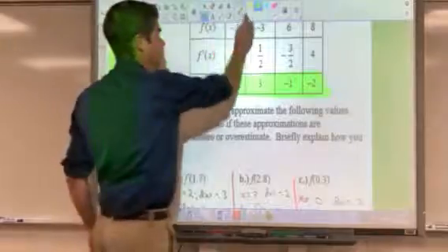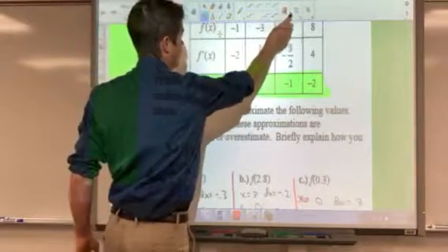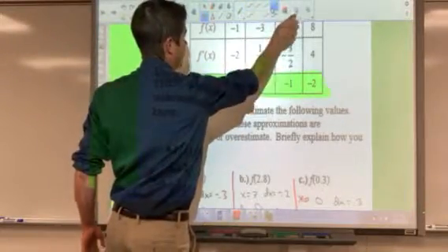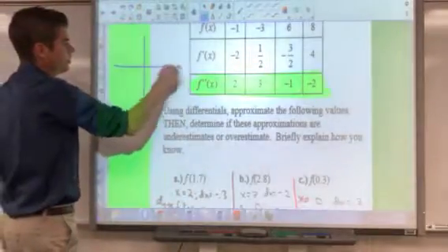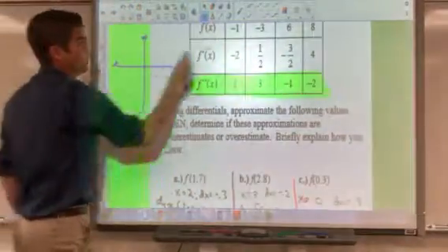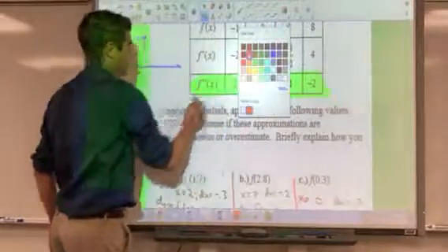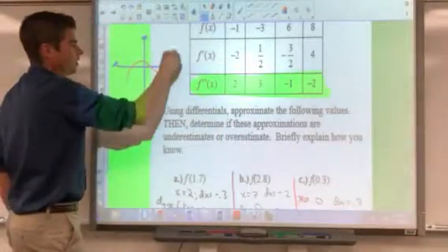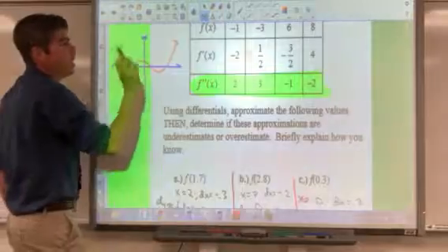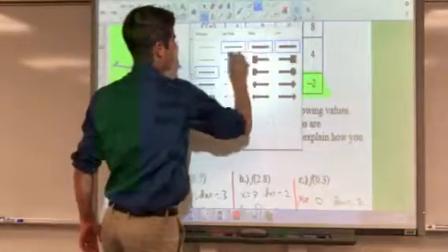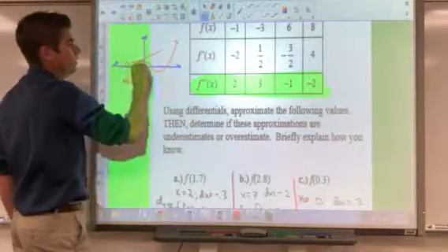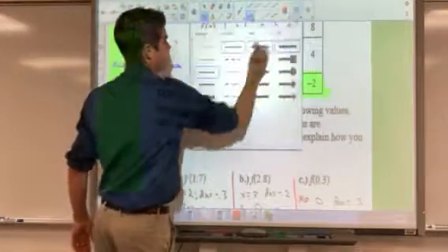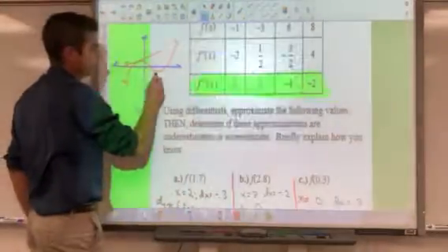If you analyze just a generic function, so like if I just graph a generic function over here, and you look at a tangent line, and then maybe you look at this tangent line down here.